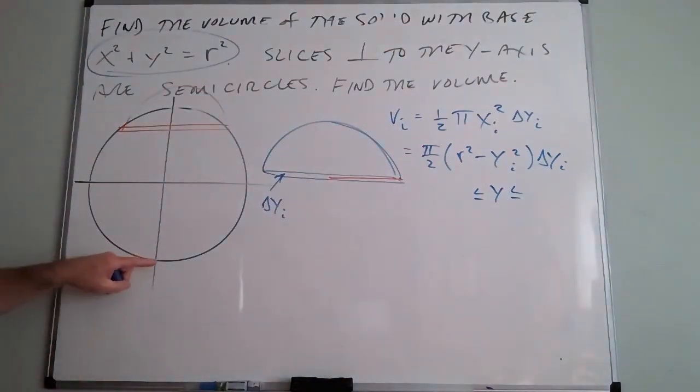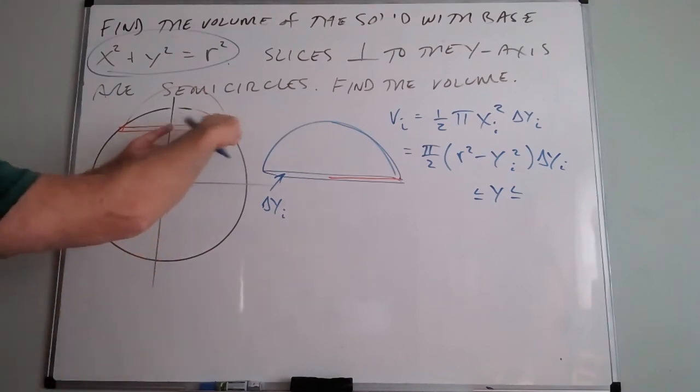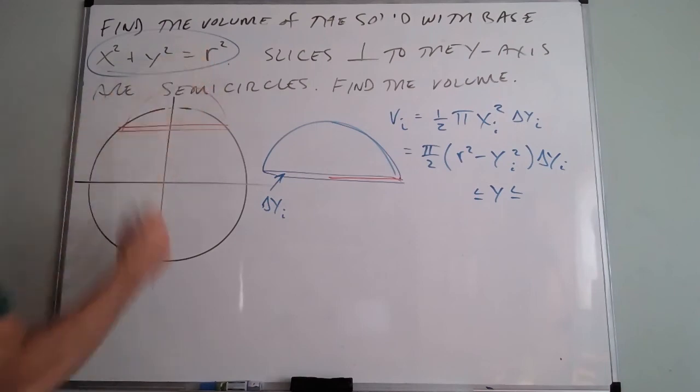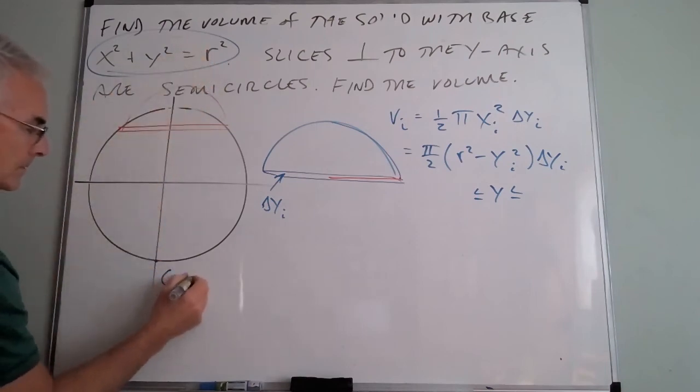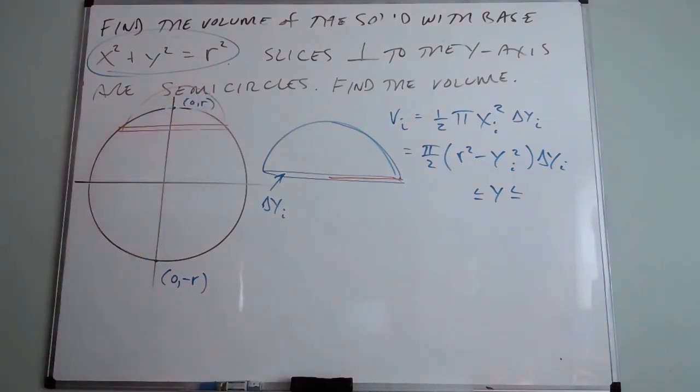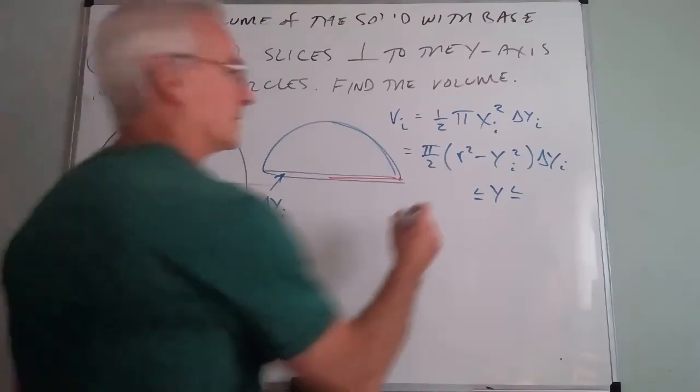Well, the radius is x, but y is going from here to here. So what is the range of values for y? It's negative r to r.